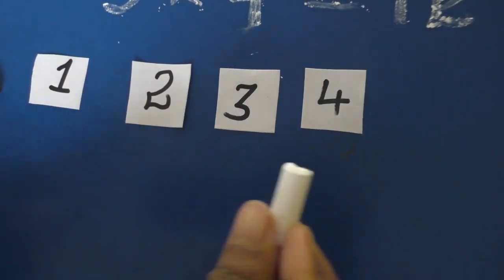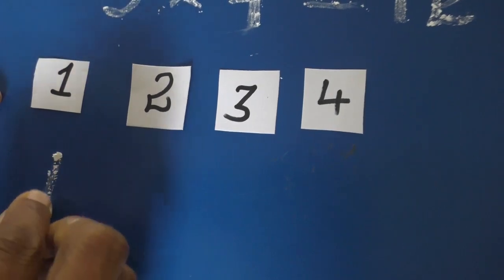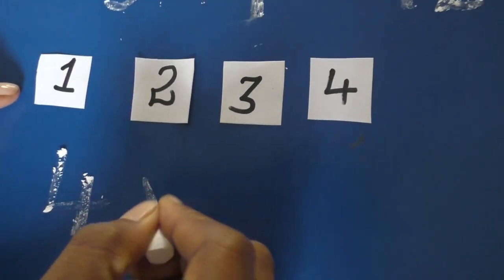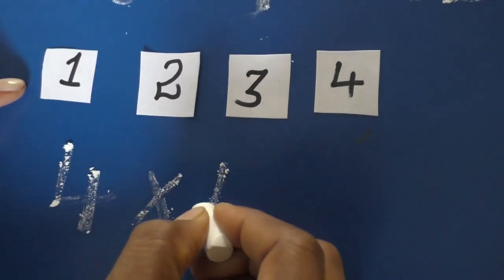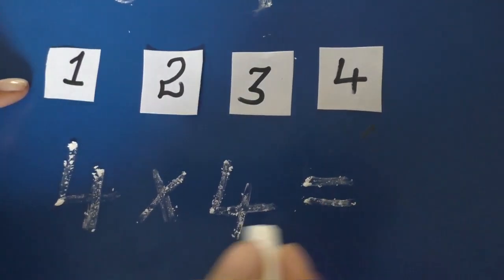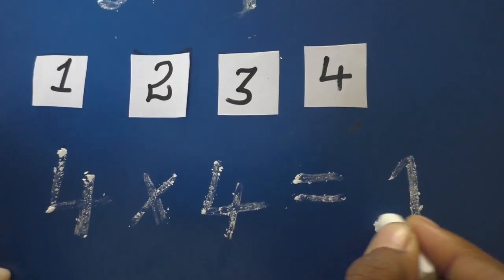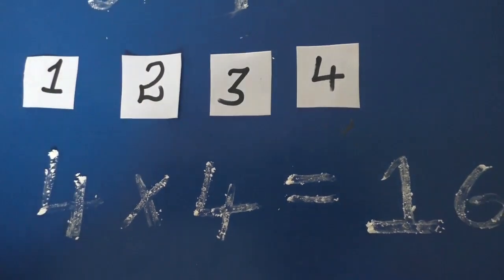We have 4 squares. So 4 groups into 4 sides for each square. So 4 into 4. How much is 4 into 4? 16. So 4 into 4 is 16.